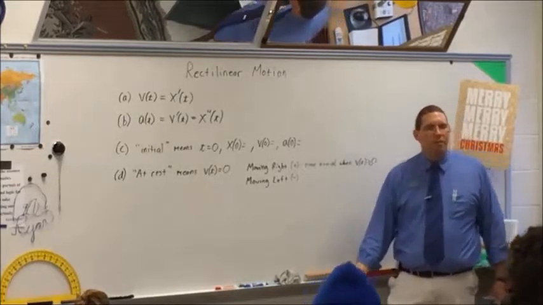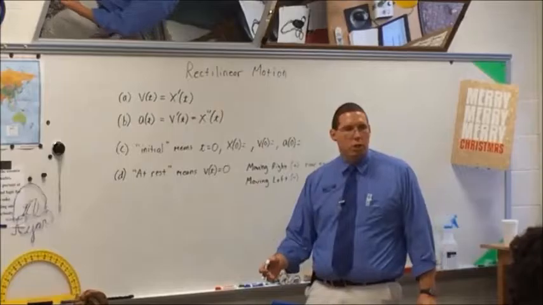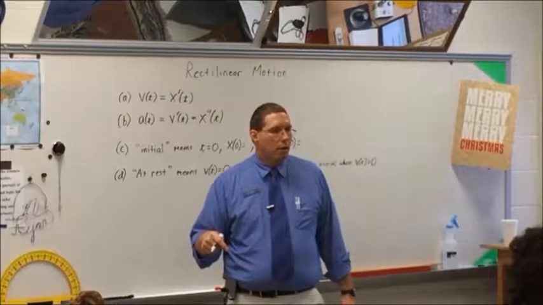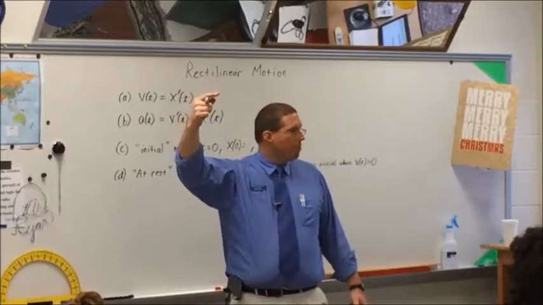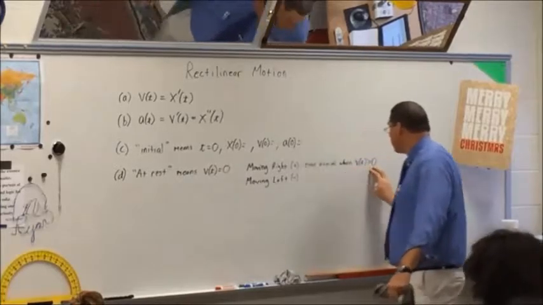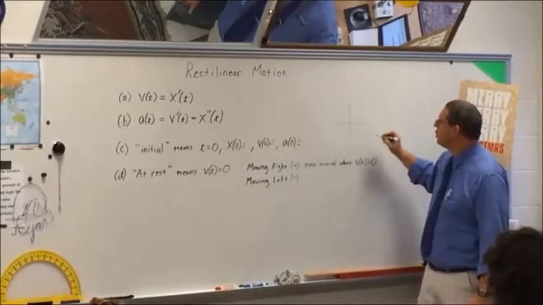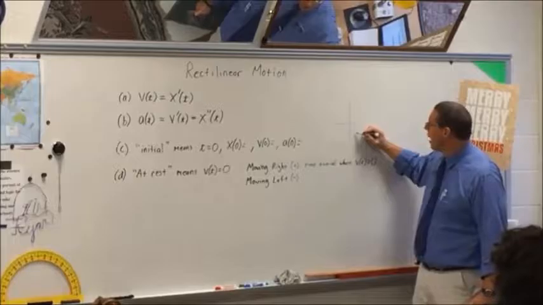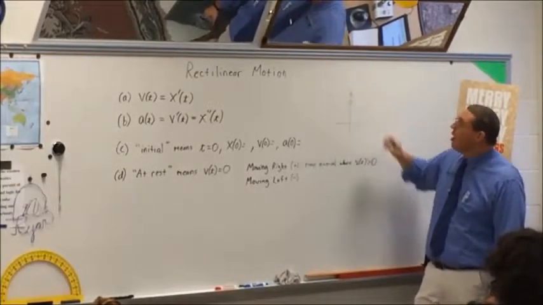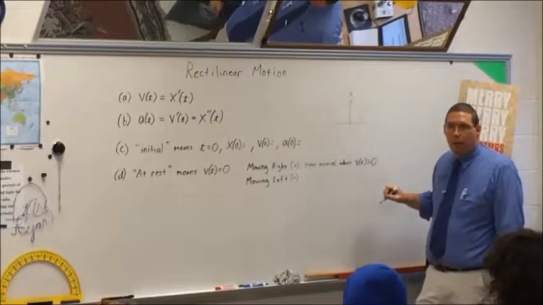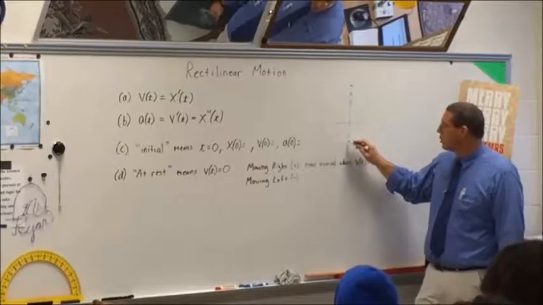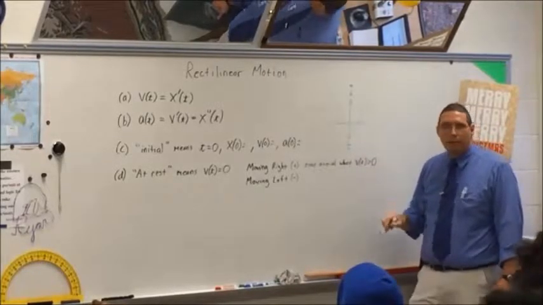If velocity is a derivative, what have we always understood about the derivative being greater than 0? What does that indicate on the function it came from? The slope is positive. That means when the velocity is greater than 0, then on the position function, the graph must have a positive slope, moving to the right in a positive direction.